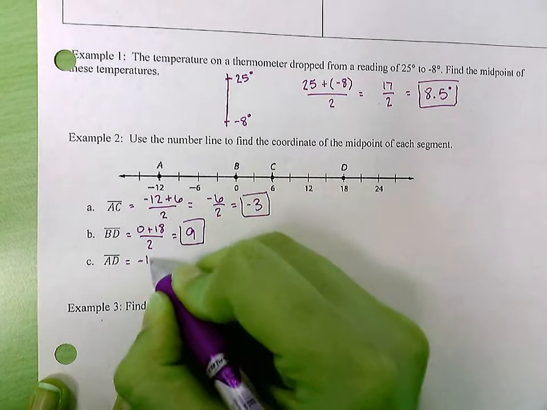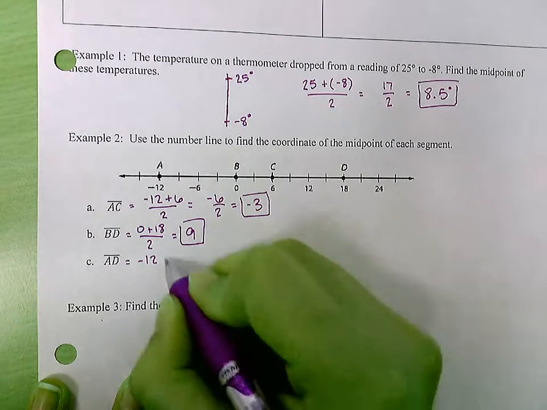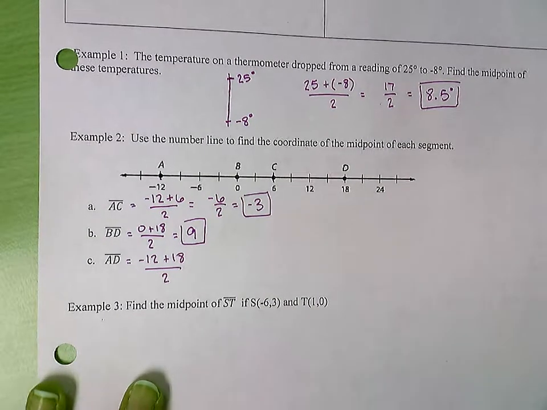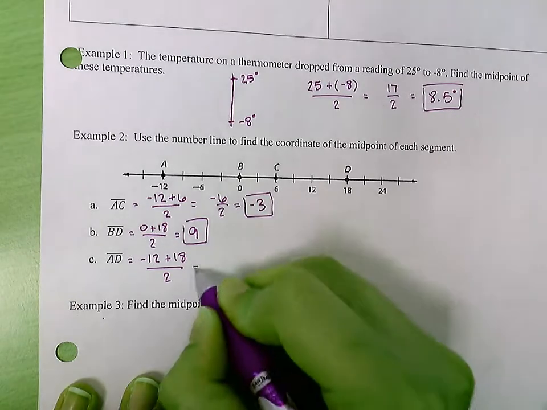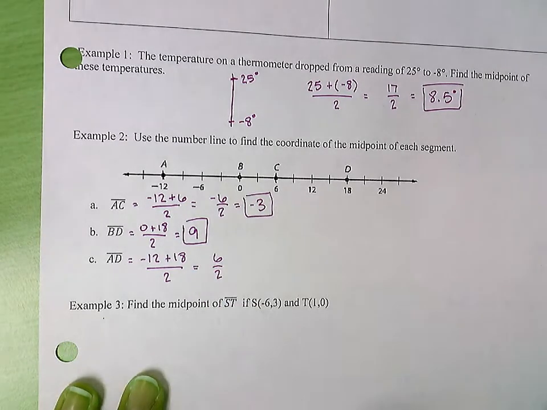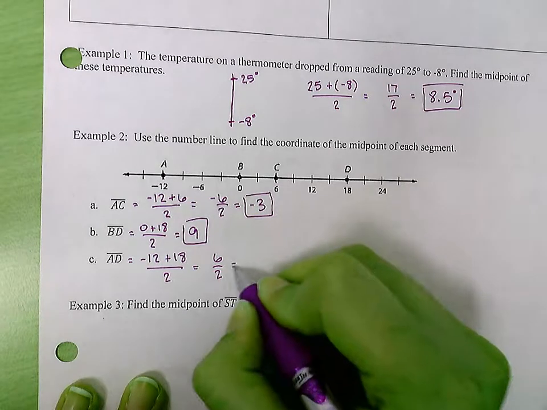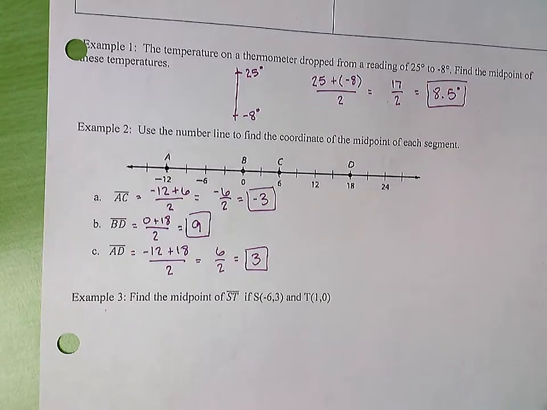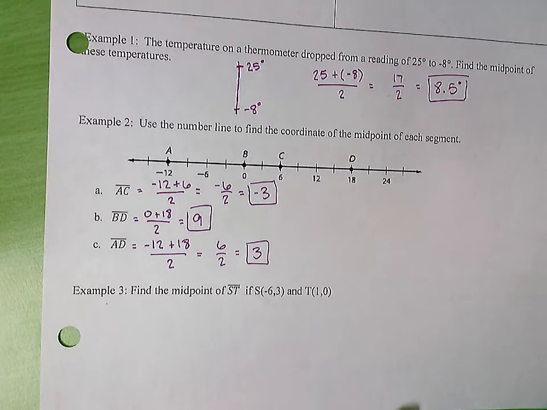Point A is at negative 12, and point D is at 18, so we'll add those together and divide by 2. I get 6 halves, or 3. Again, number lines aren't too bad. Questions on finding the midpoint on a number line before we go into coordinates?